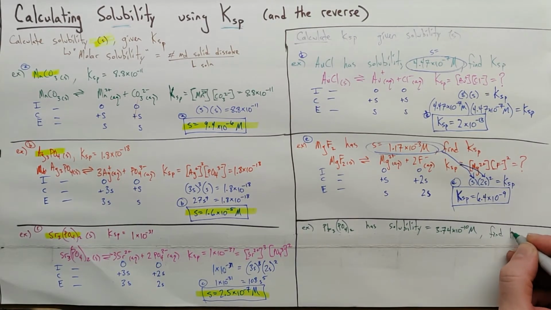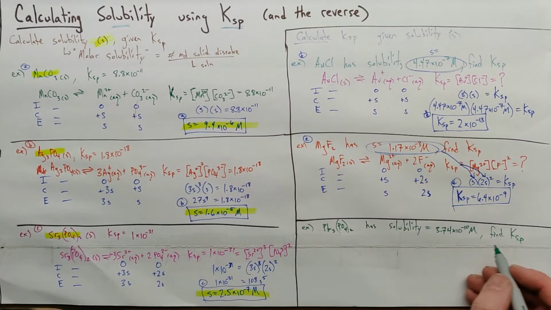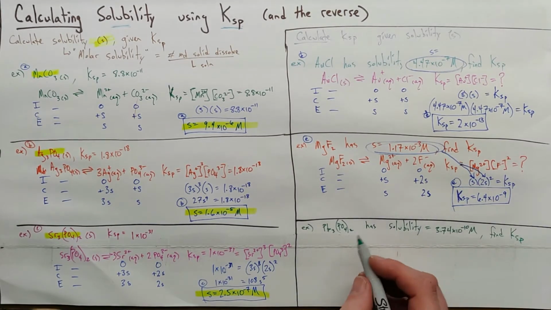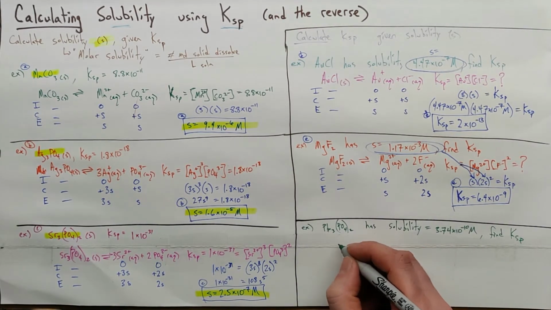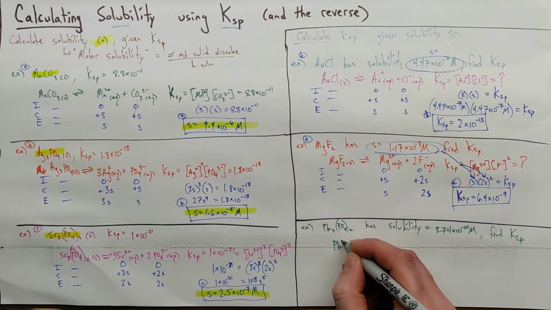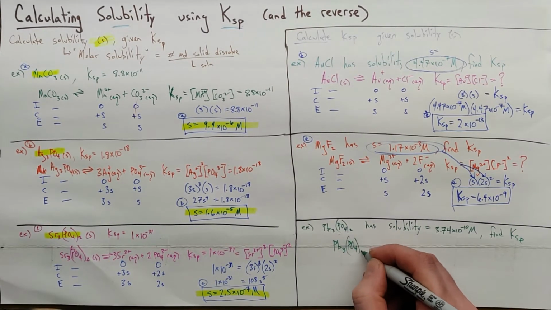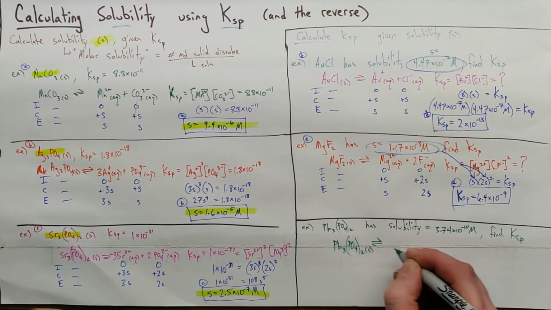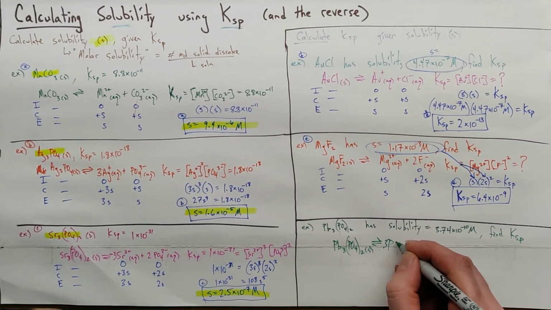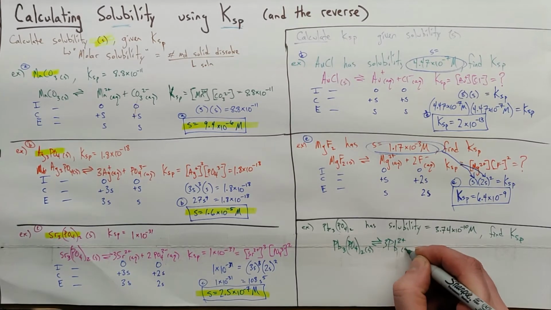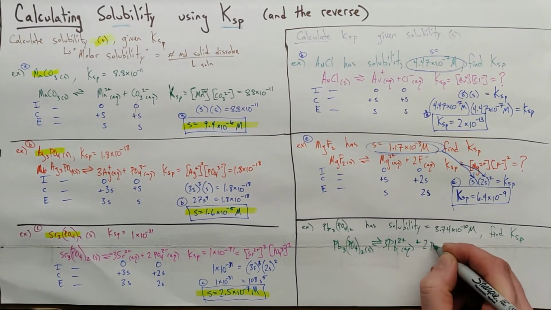Find the Ksp. Write your equilibrium equation, your aqueous dissociation in this case. We've got Pb3(PO4)2 solid, giving us 3 of those lead ions and 2 of the phosphate ions.